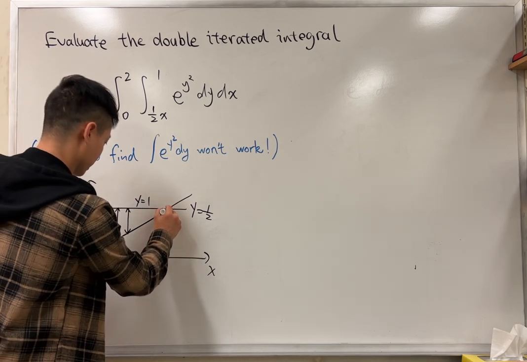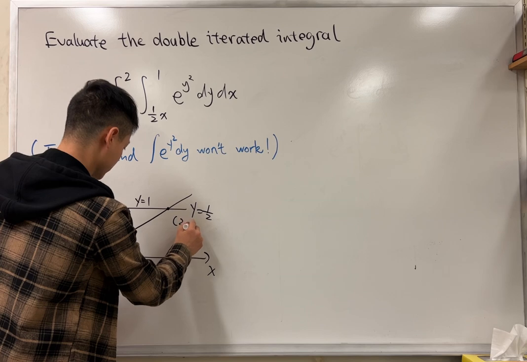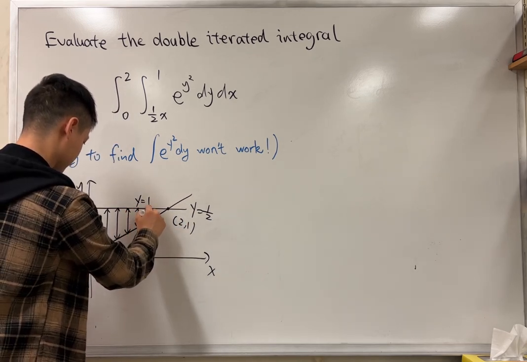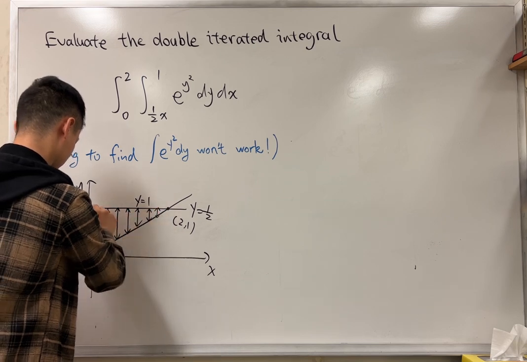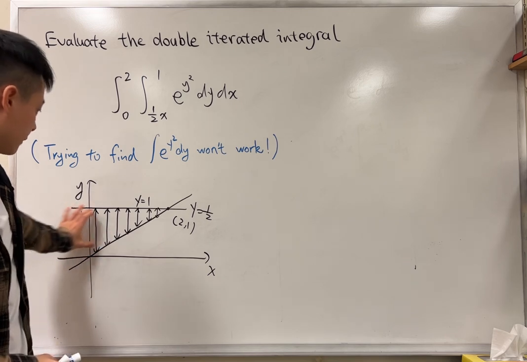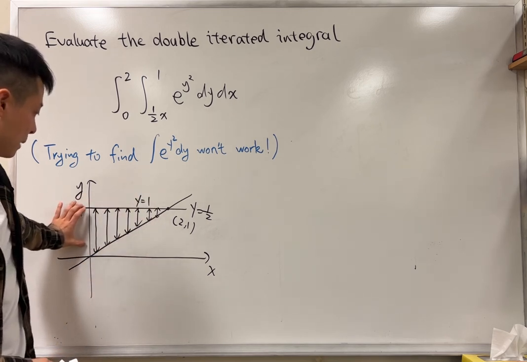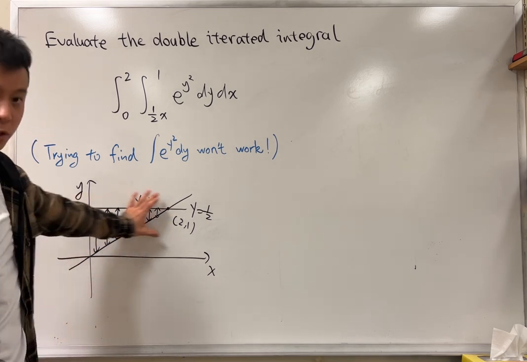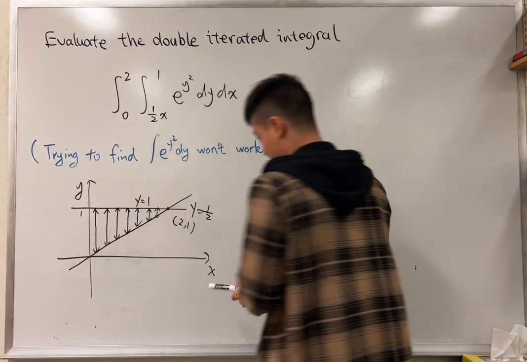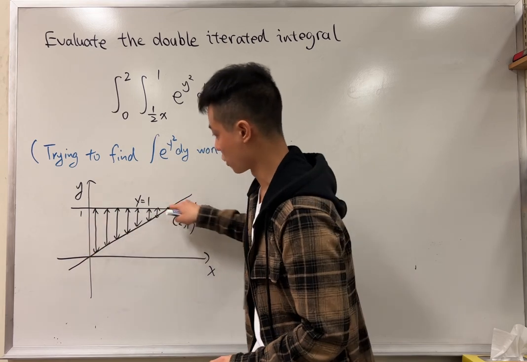The point of intersection is (2, 1). Imagine a bunch of these flexible strips swiping this way to fill out the region. Now we have what the region looks like: the region is simply this triangle here.